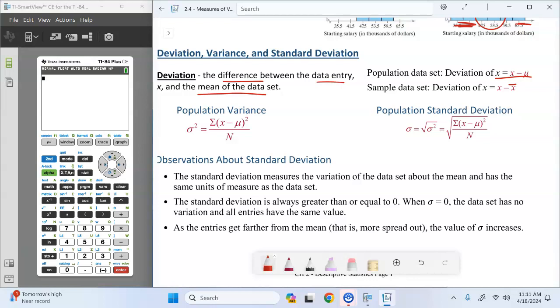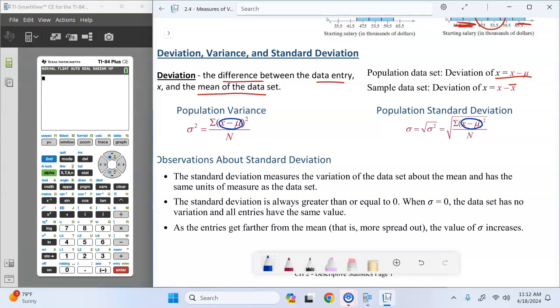So the data value minus the mean of the sample. That gives us this value in here for our formula for variance and for standard deviation.